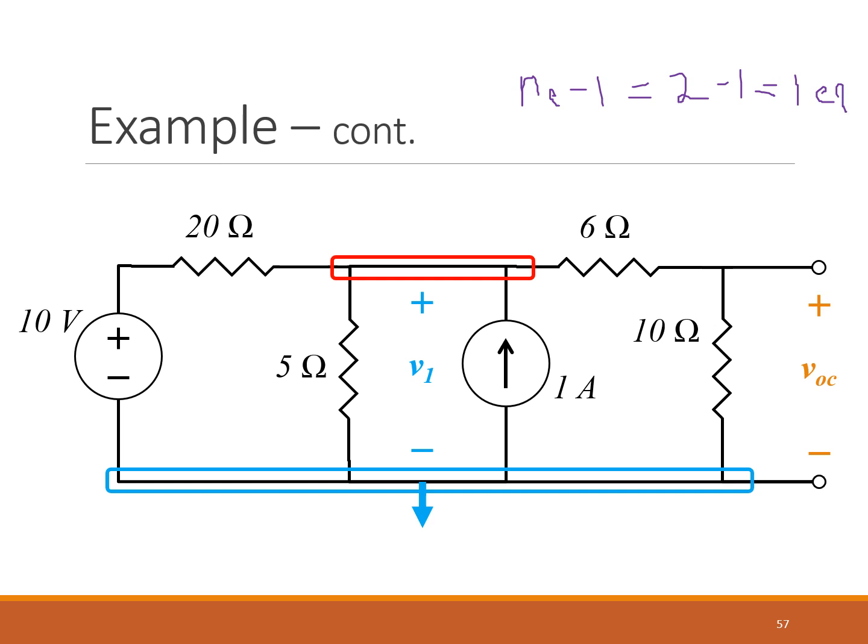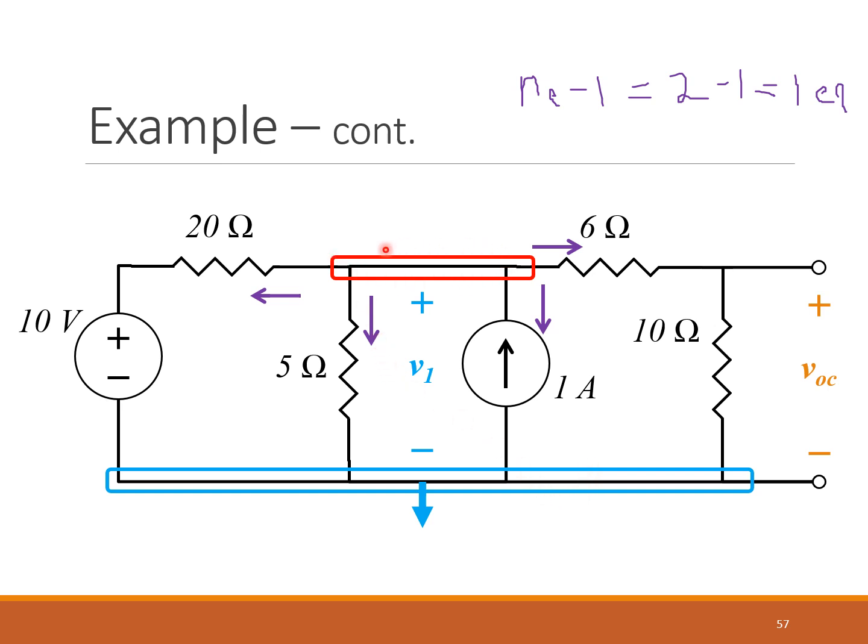Once we have identified those essential nodes, we of course pick a reference node, as I've indicated with this blue arrow. We then define our node voltages, with the negative sign being at the reference node. Again, because we only had two essential nodes, I only have one node voltage, which I've labeled V1. Now we are going to apply KCL at each of our non-reference essential nodes.